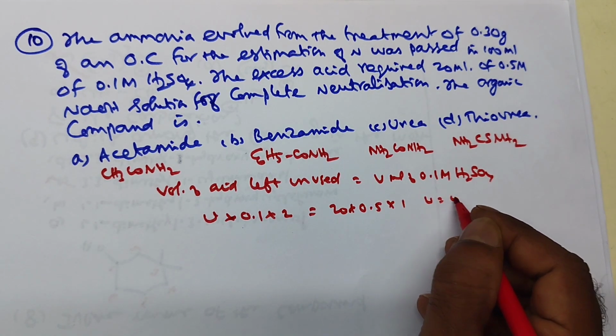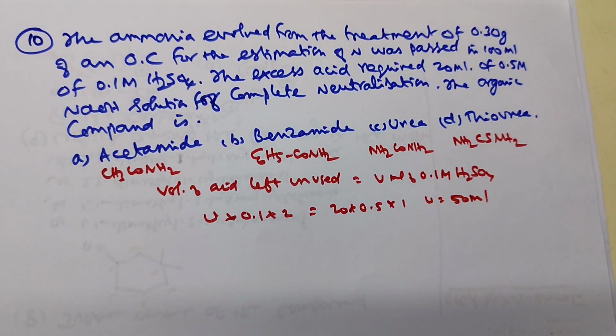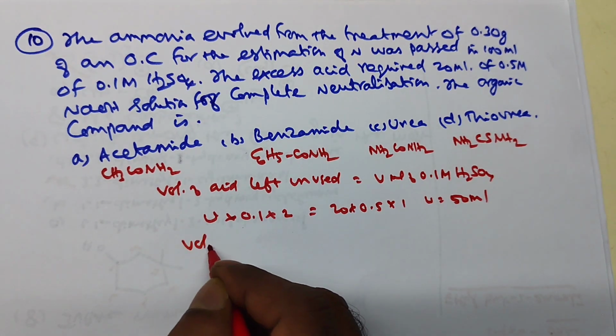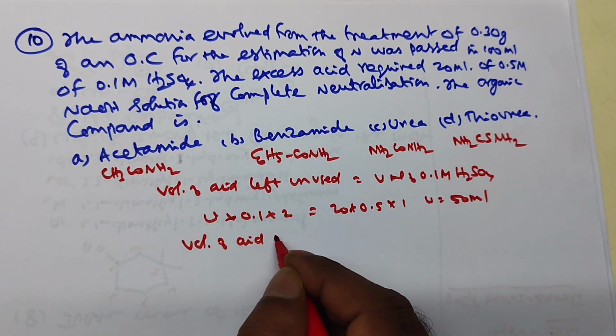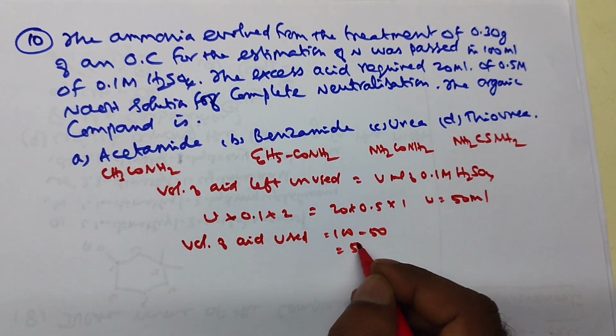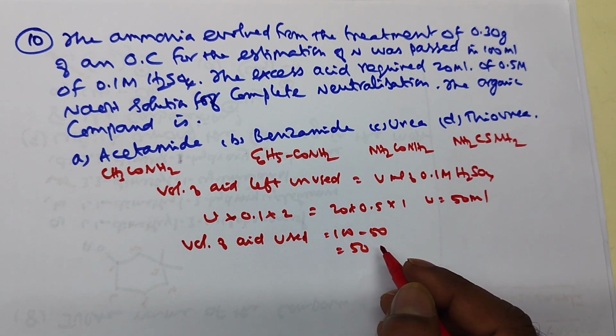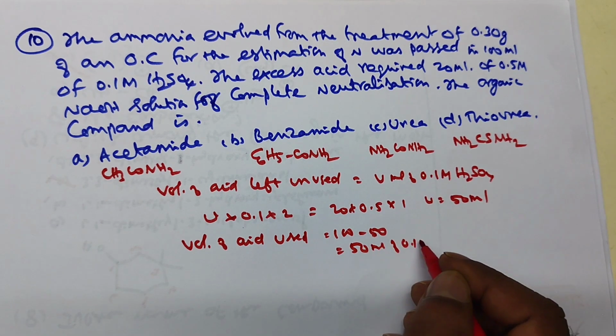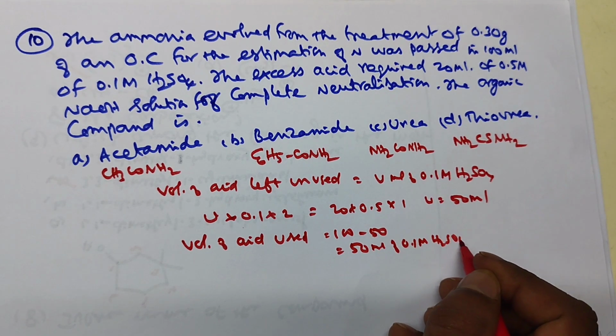That gives V equal to 50 ml. So the volume of acid used is 100 minus 50, which is equal to 50 ml of 0.1 M sulfuric acid.